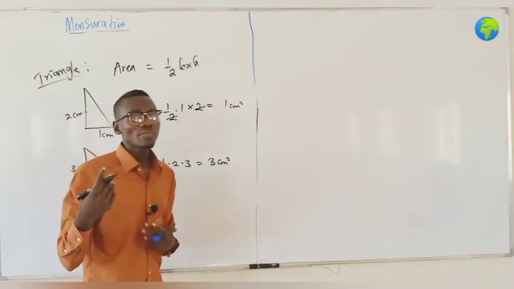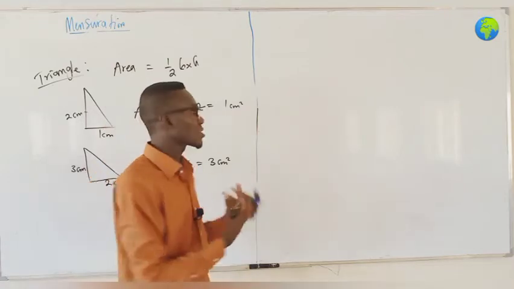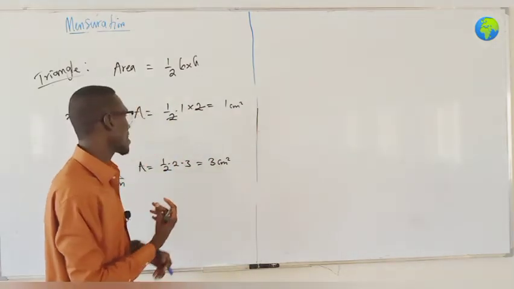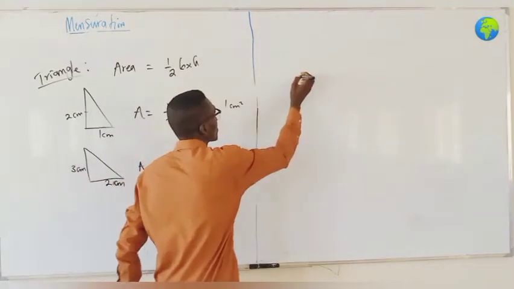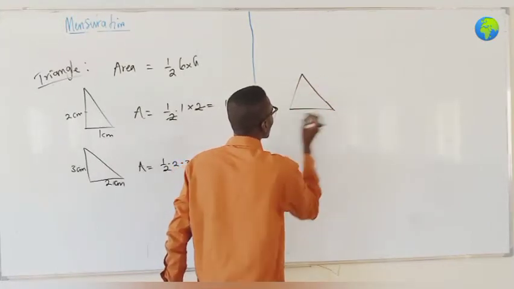Let me refer you back to Pythagoras theorem. And we all know Pythagoras theorem is just a method of calculating the missing side of a right angle triangle. Because you can be given a triangle that is not of this form. Let's assume you are given this triangle.